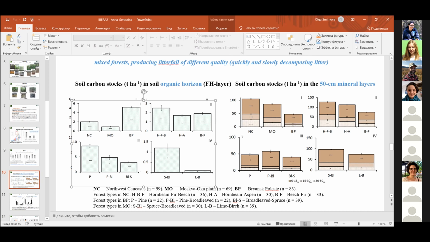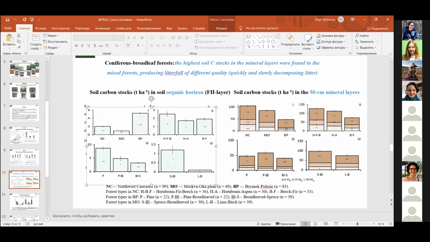The main result about mineral layers is the highest soil carbon stock in mineral layers was found in the mixed forests producing litter of different quality, quickly and slowly decomposing litter.